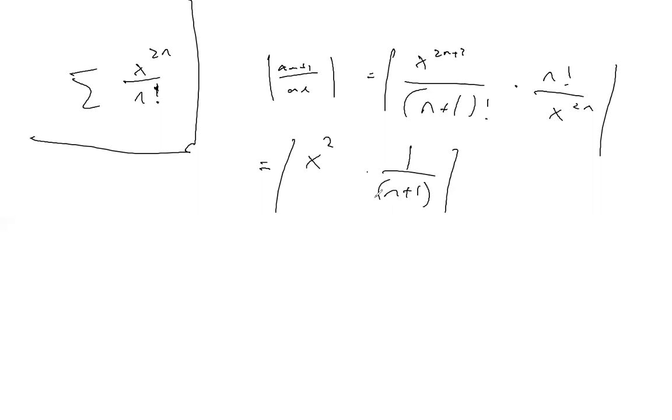All right. Now I want this limit to be less than 1, but what's going on with this limit here? The limit of 1 over n plus 1 is 0. So no matter what x is, the limit of this is 0. Okay, so that 0 is less than 1. So my limit is always less than 1.